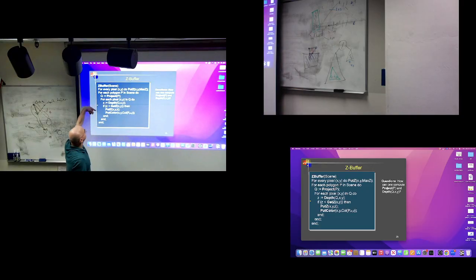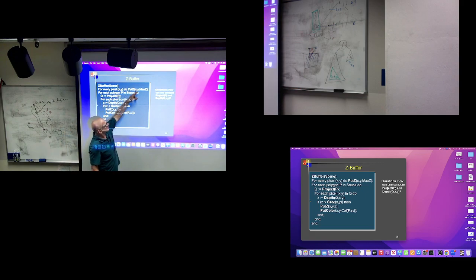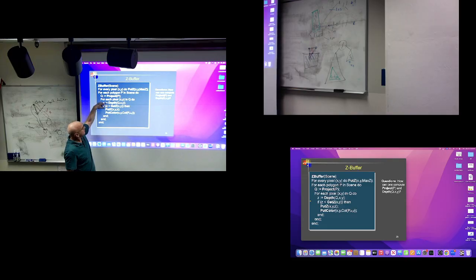Once again, Z buffer algorithm for the scene. For every pixel xy, put the maximum constant depth. For each polygon, each triangle Q, look at it and project it into the image plane. And for each pixel xy, do z equals the depth of Q at the point xy.